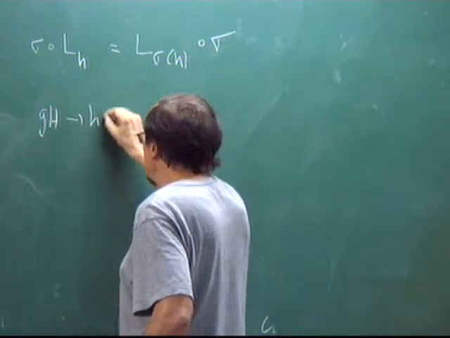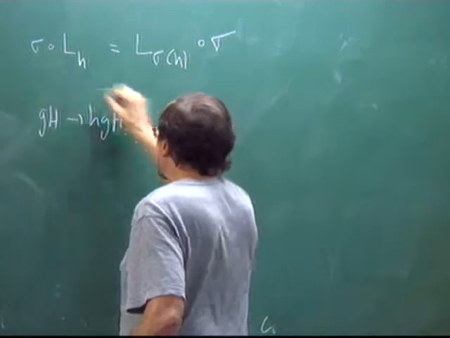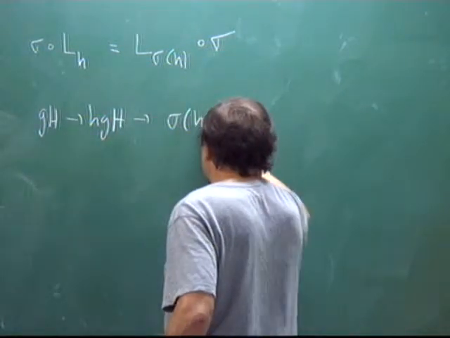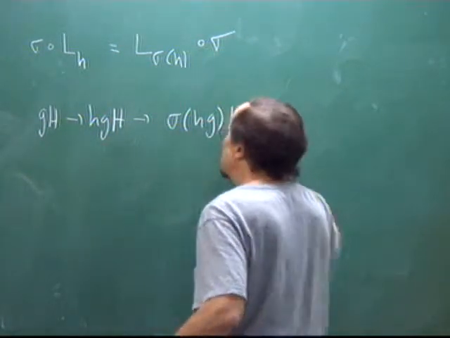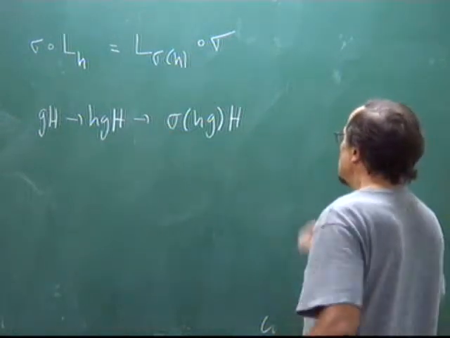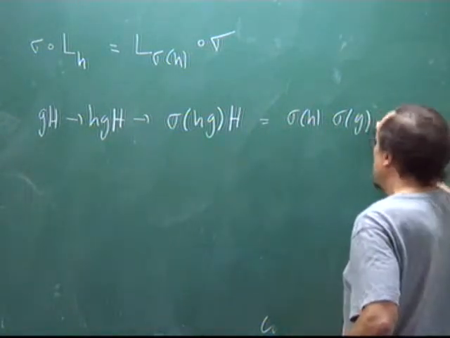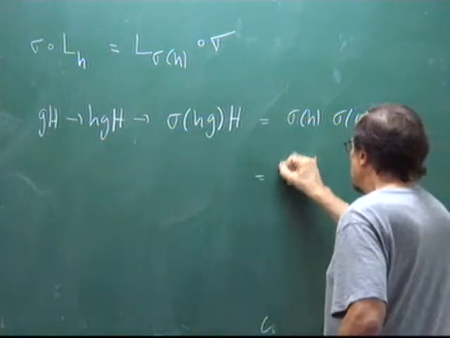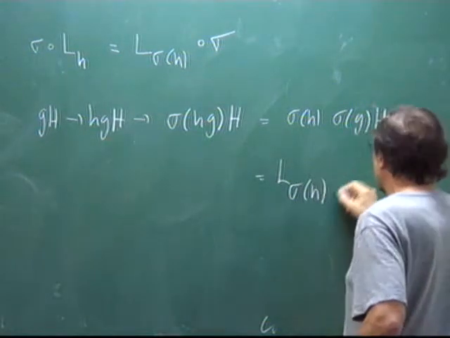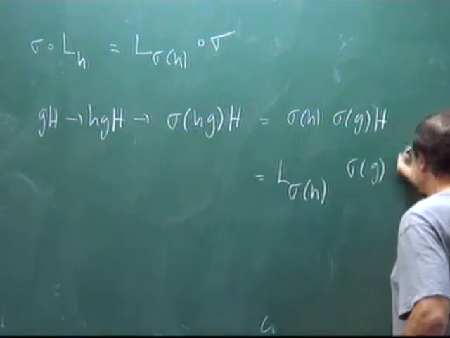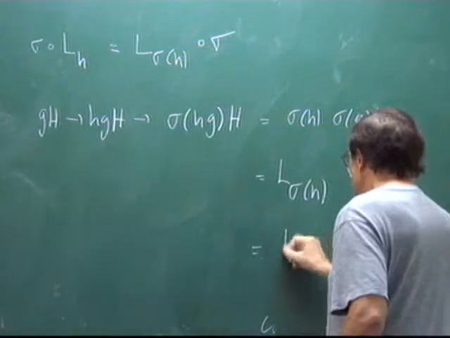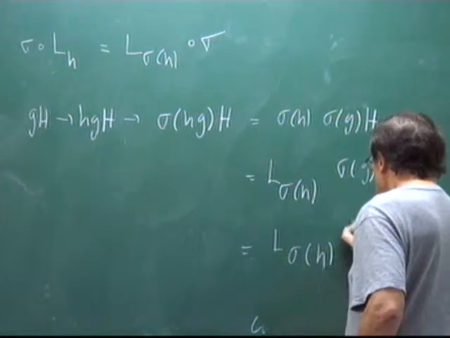This sends it to HgH. Sigma sends it to sigma of HgH, which is sigma of H, sigma of gH. That's left translation by sigma of H, applied to sigma gH, and that's L sigma H composed with sigma.